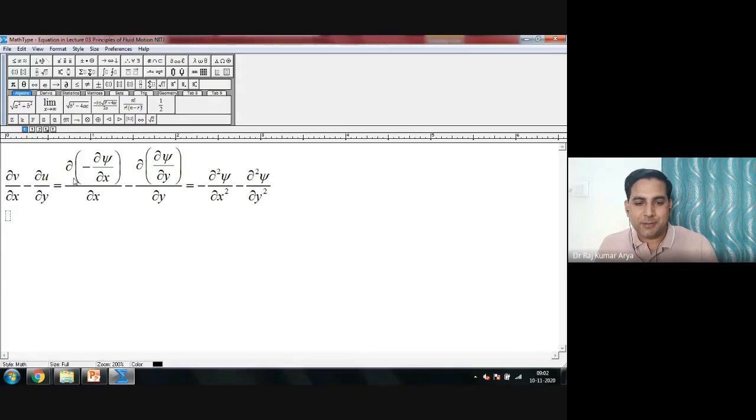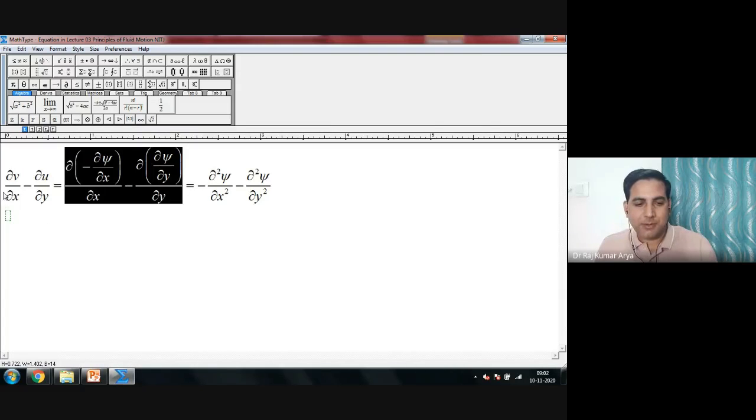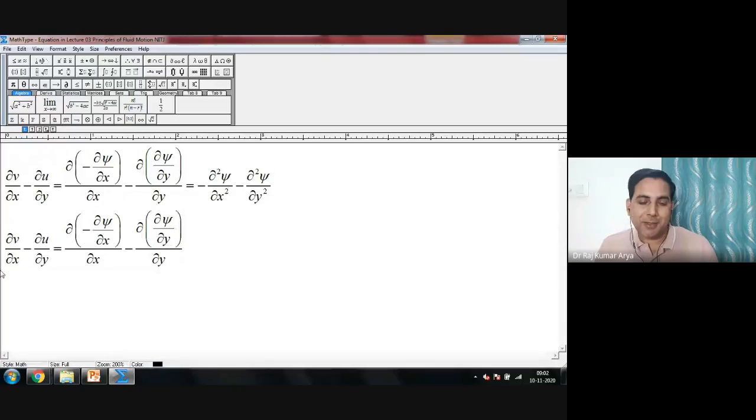Okay, so let's do the same thing in terms of velocity potential. You have phi and here you have y, right? Here also you have phi and here you have x with a minus sign.